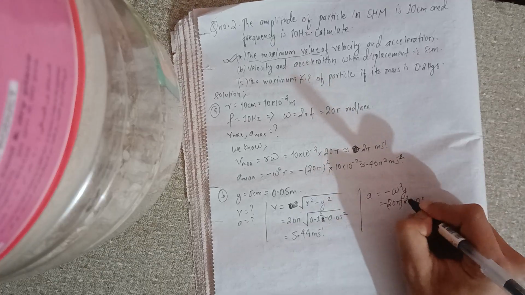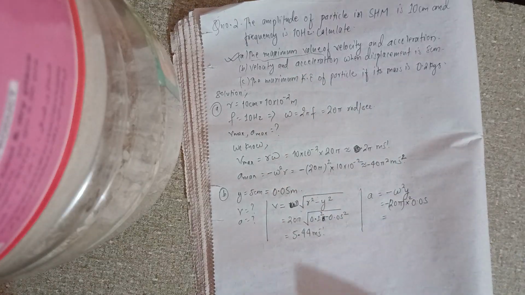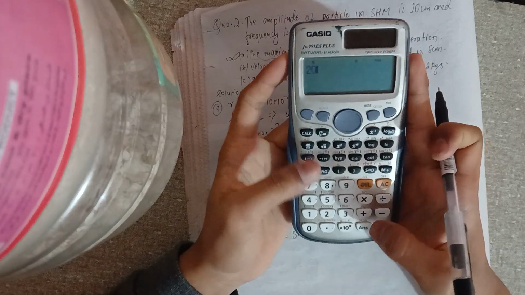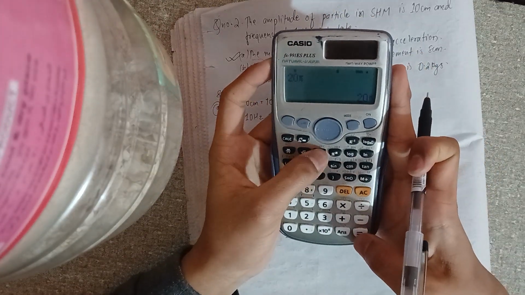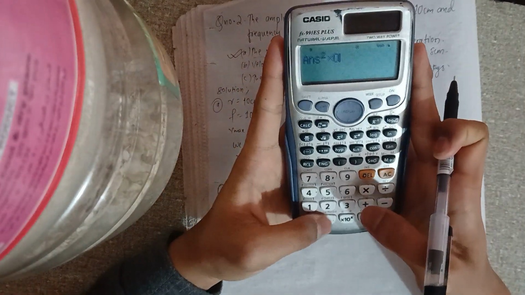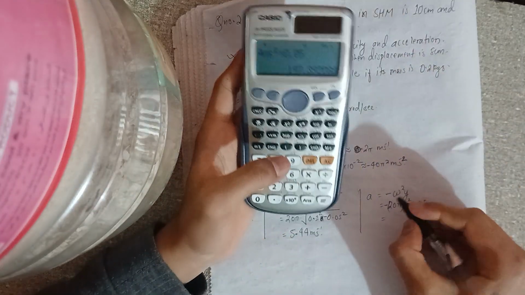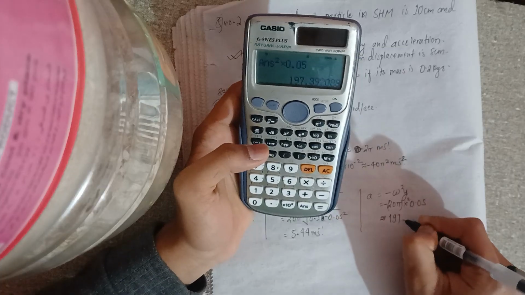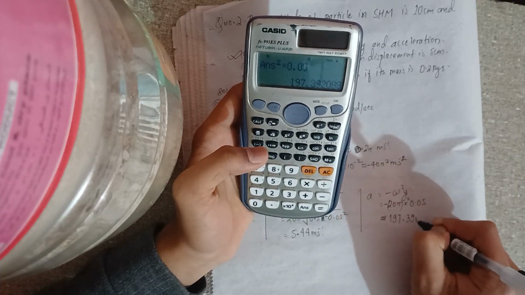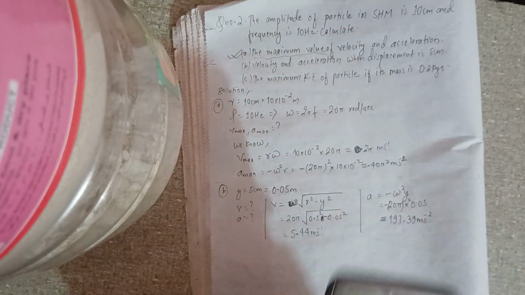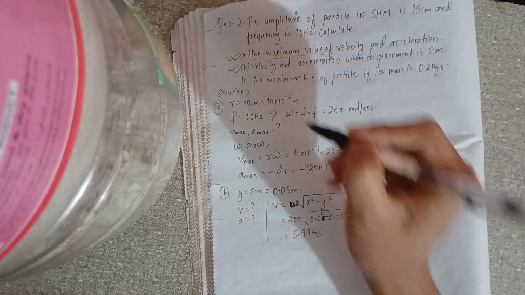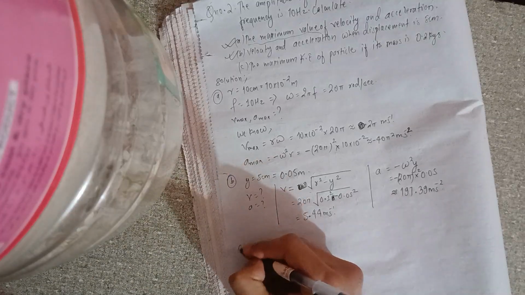That will come up to be 20 pi squared times 0.05, somewhat around 197.39 meter per second squared. That is the answer. Now we have done both of these, so we need to go to question number C.